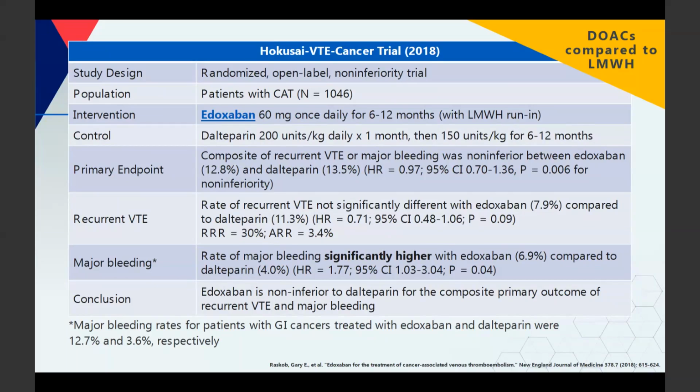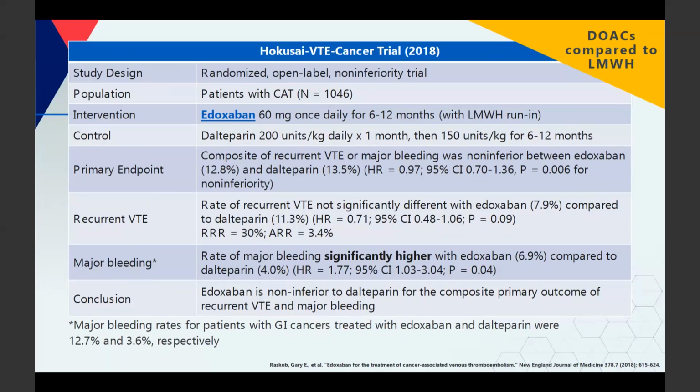And I did separate the composite endpoint to their individual components. So the rate of recurrent VTE was not significantly different with edoxaban at 7.9% compared to dalteparin at 11.3%. And then the rate of major bleeding was significantly higher with edoxaban at 6.9% compared to dalteparin at 4.0%.